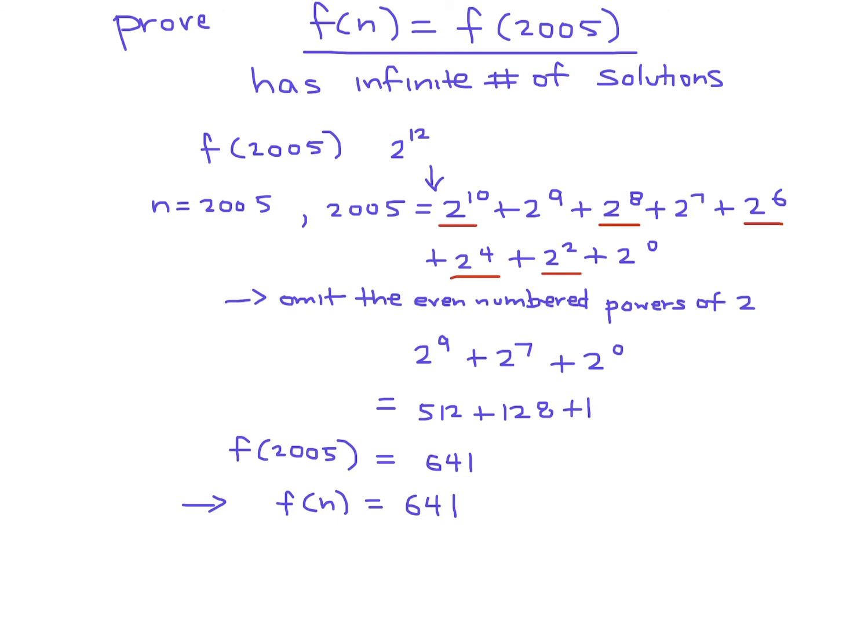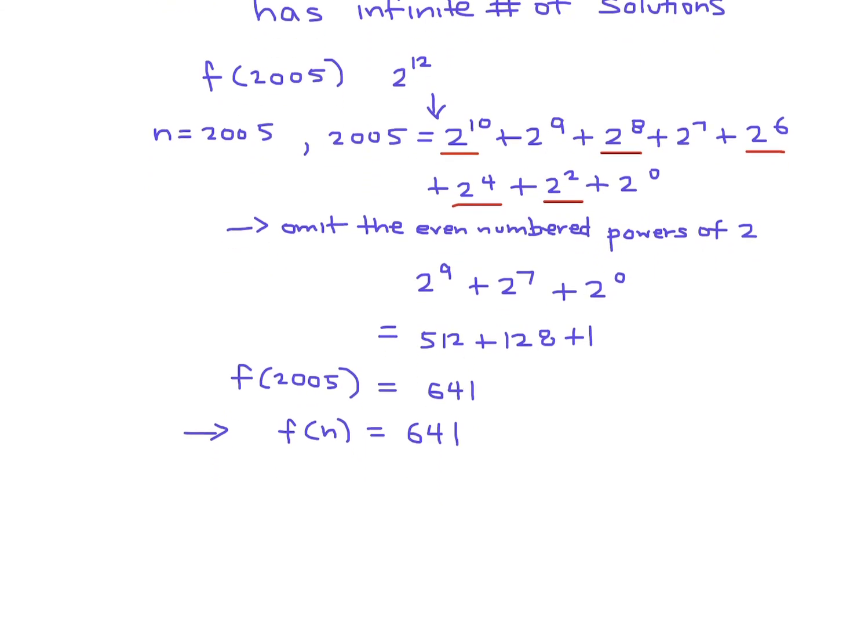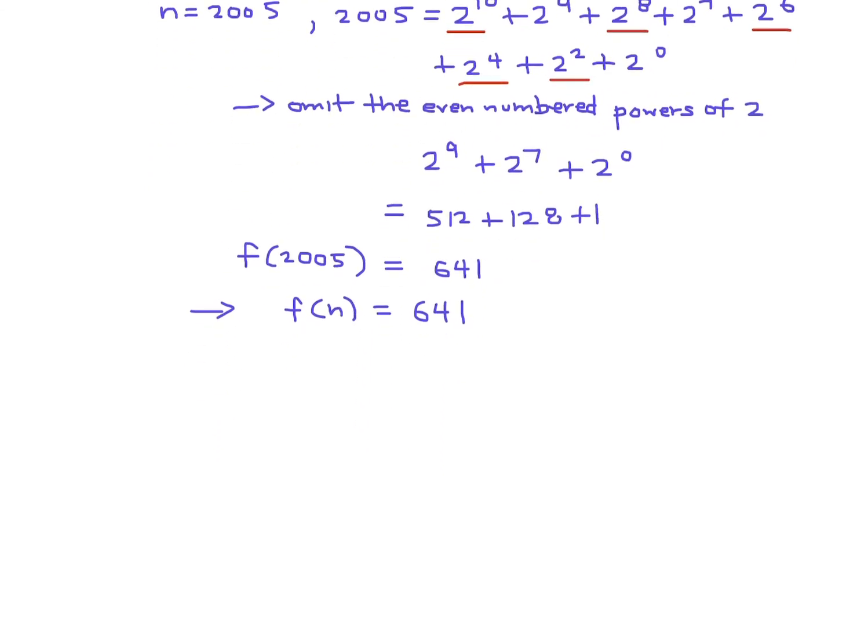So what that basically means is that if you have any number of the form n equals 2005 plus any even numbered power, so 2 to the power of 2m, because 2m is always an even number, that will also give you 641.